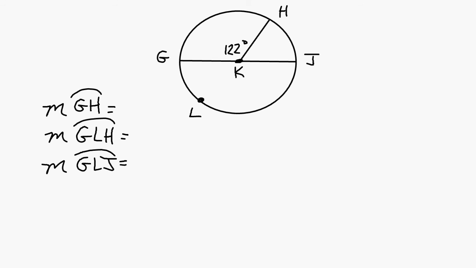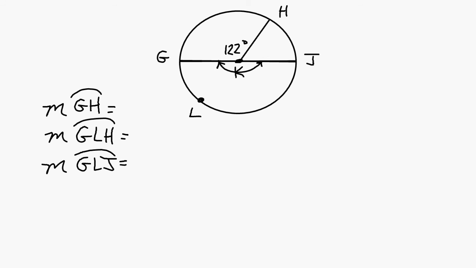Okay? So you see this diameter that goes through this circle from G to L? That's a straight line. That's a chord that goes through the diameter. So what would the measure of this angle be right here? That straight line, 180. So that angle is 180 degrees.